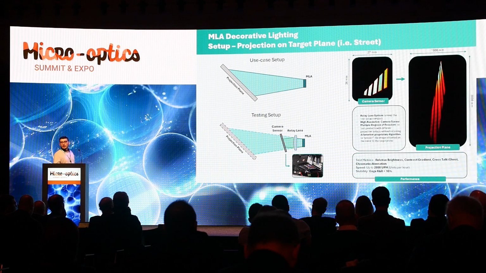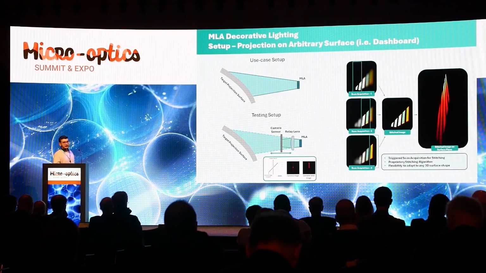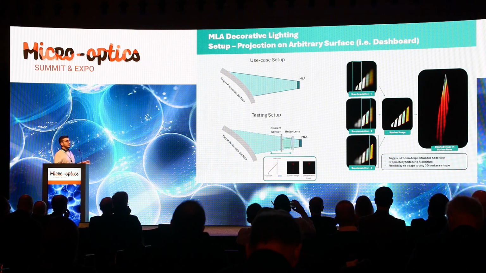But sometimes this is still not enough because sometimes the projection surface is not a plane, so it's not the street, but it's an arbitrary surface like a dashboard of a car. And so in this case, within the same configuration, we have the flexibility to change the testing strategy.